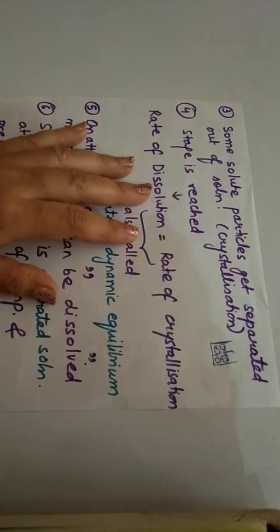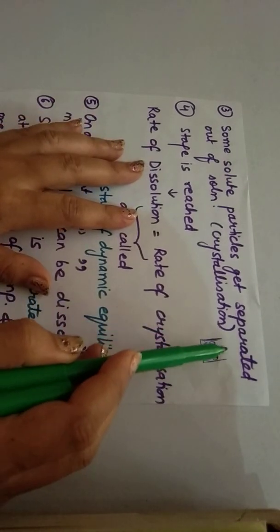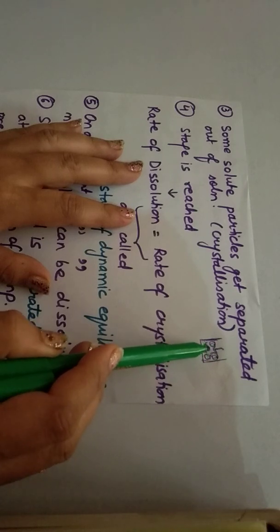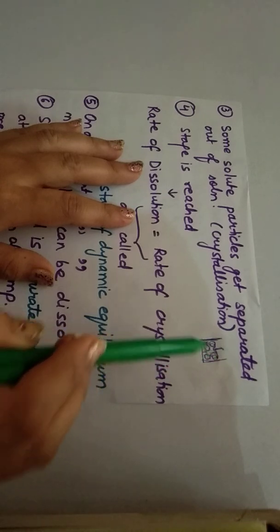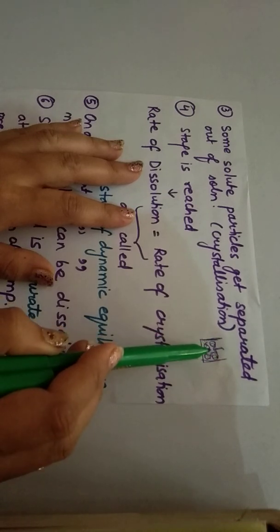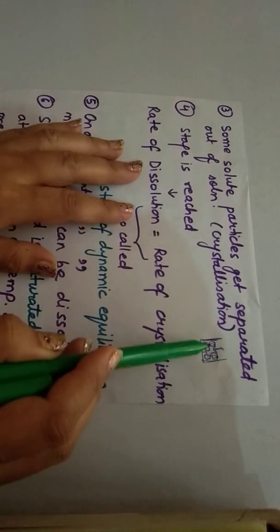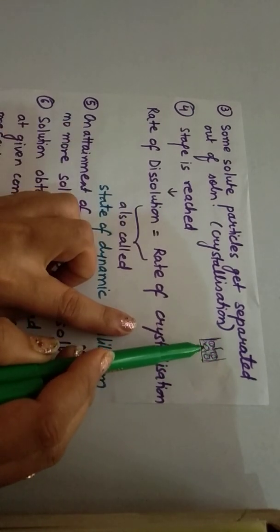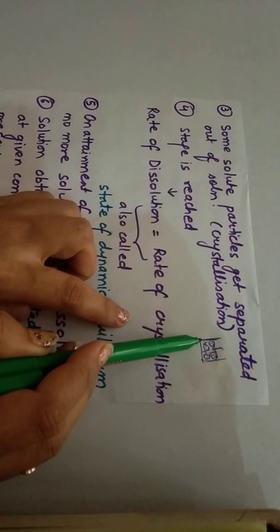Fourth one, then after some time a stage is reached when the rate of dissolution becomes equal to the rate of crystallization, that is the number of sugar particles going into the solvent will be equal to the number of sugar particles moving out of the solution and forming the crystals.